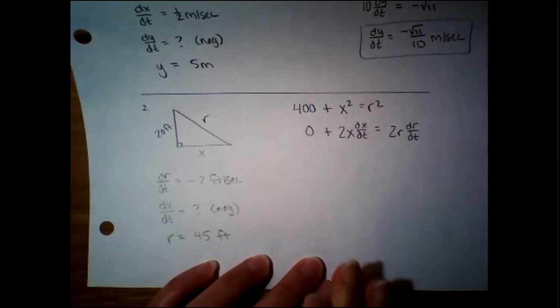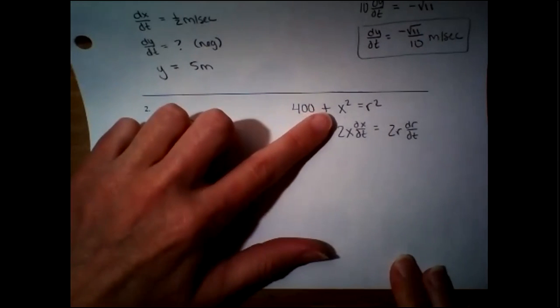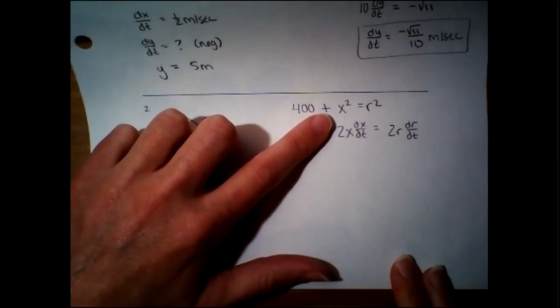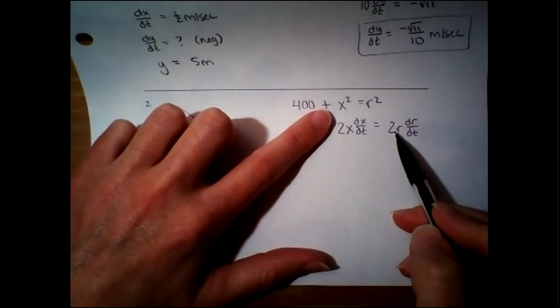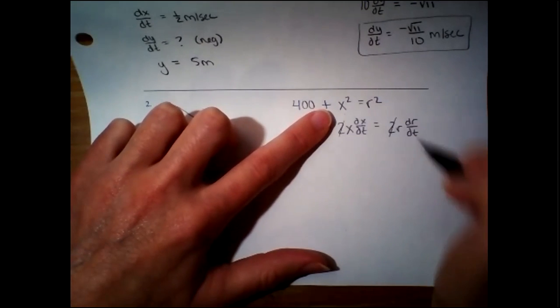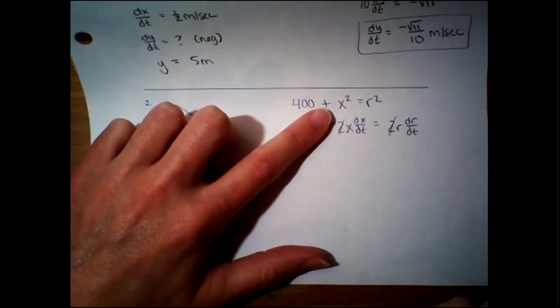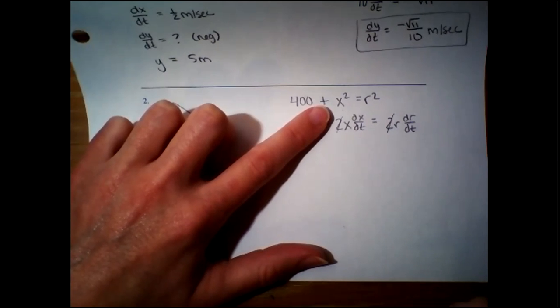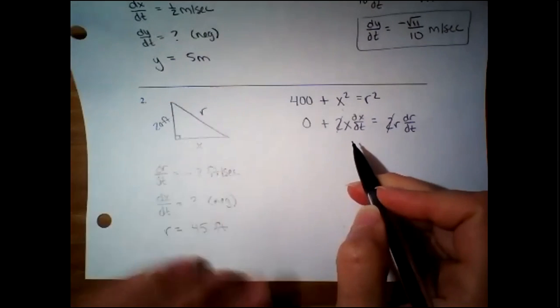Again, every single variable is going to have a dt, all of them. I guess you don't really need that 0 in there. And I'm going to go ahead and cancel the 2's. I have a 2 on each side, so I'm going to cancel those out just to reduce this. And then we can plug in what we've got.